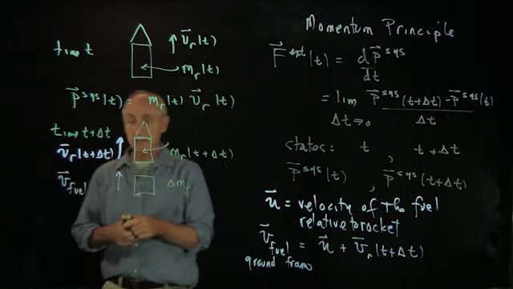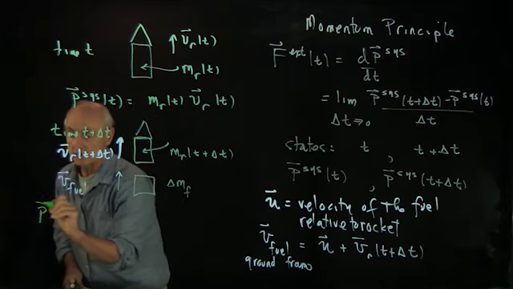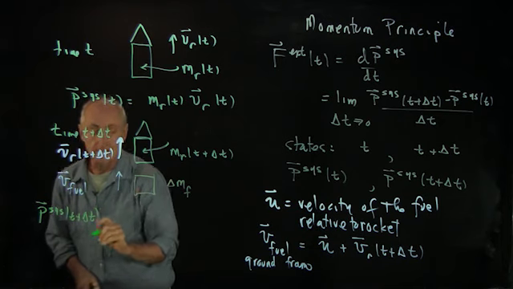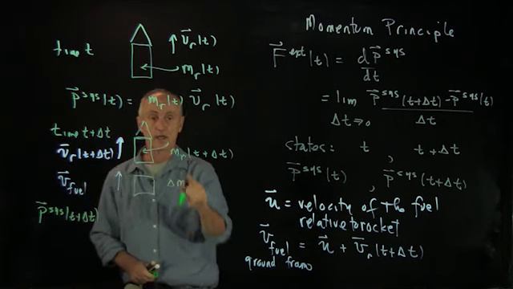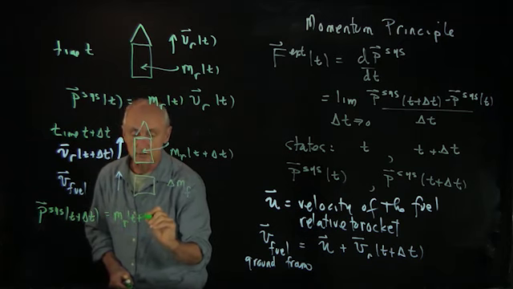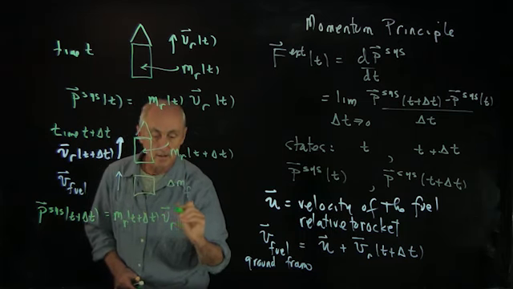And so now we can finish this analysis, and we'll apply that next, which is to write the momentum of the system at time t plus delta t. Now this is going to have two terms. It has the mass of the rocket at time t plus delta t times the velocity of the rocket.